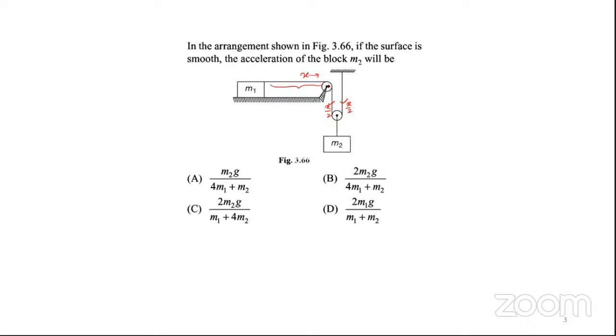So when this string moves by x, this string will move by x by 2. So the displacement or the velocity or the acceleration will be related to each other in this way. Suppose this moves with acceleration a, then this will move down with acceleration a by 2.